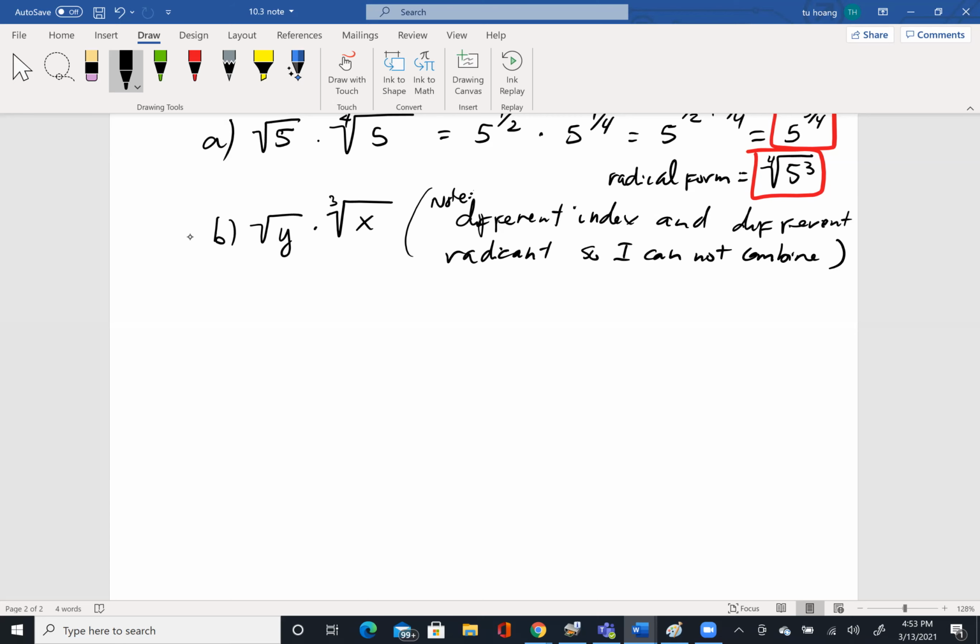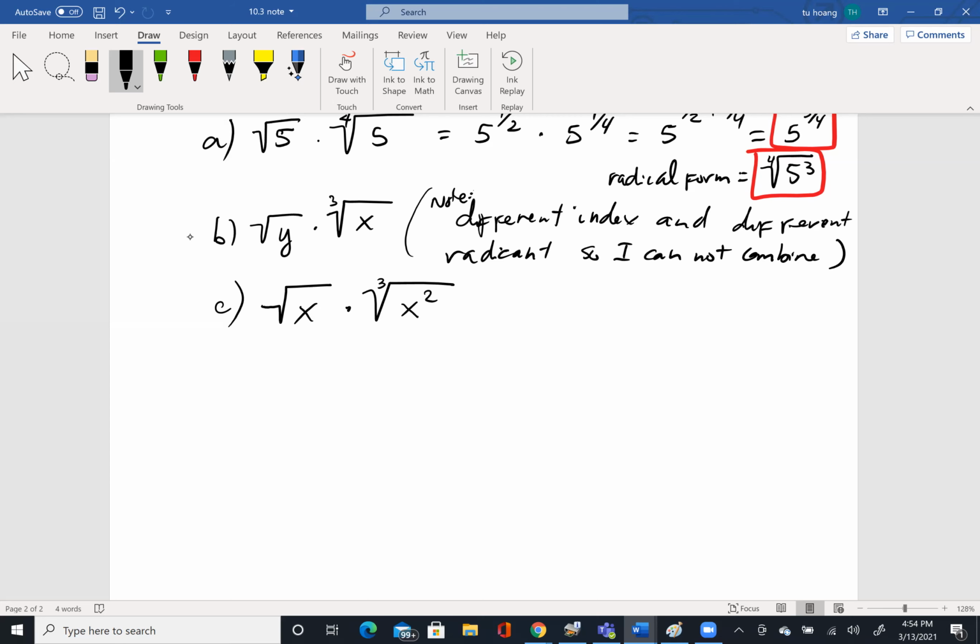Okay, let's have the last one. Say the square root of x multiplied by the cube root of x squared.